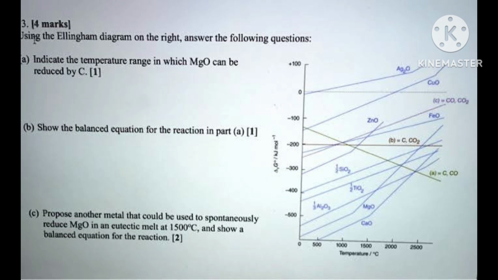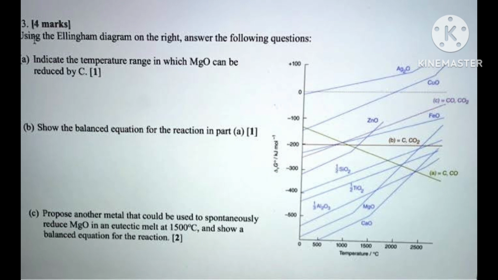This is the balanced reaction. This is the first reaction, aluminum and oxygen; after the reaction it gives aluminum oxide.